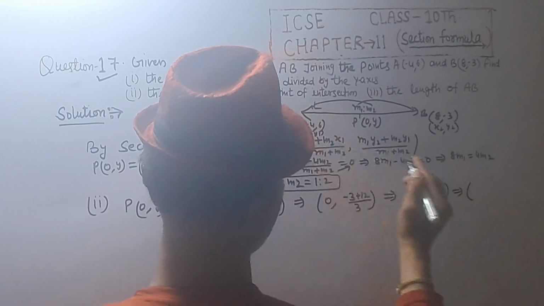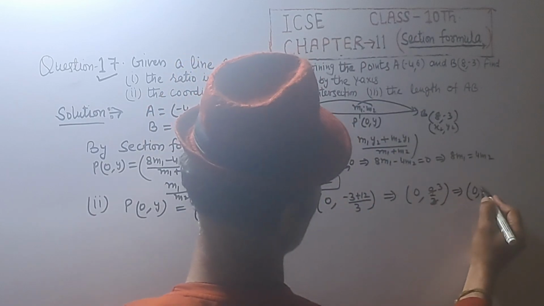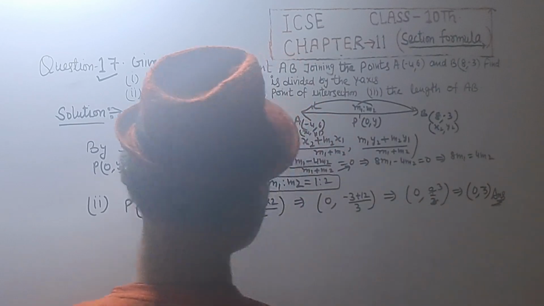We get the point of intersection is (0, 3). Answer.